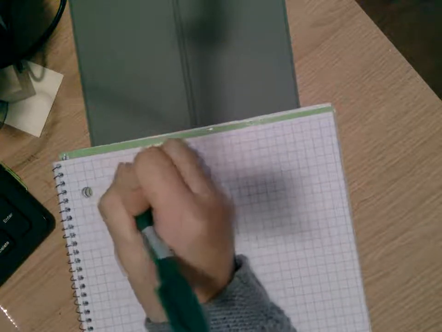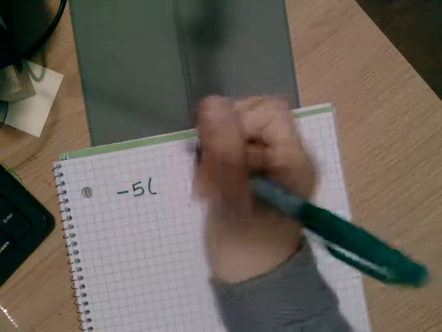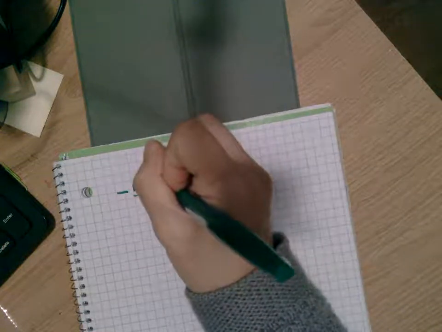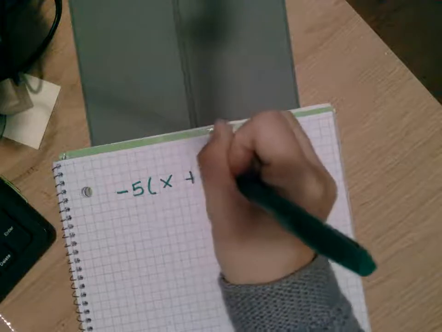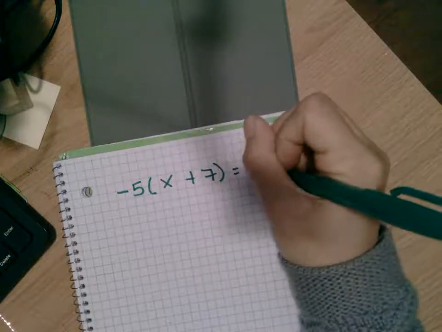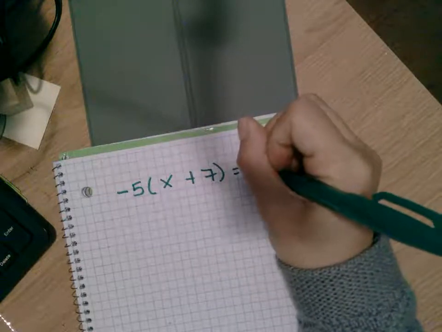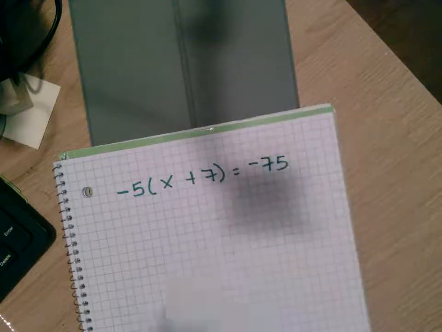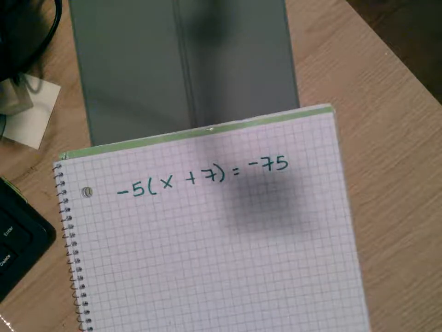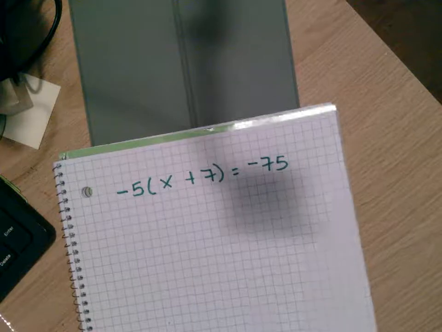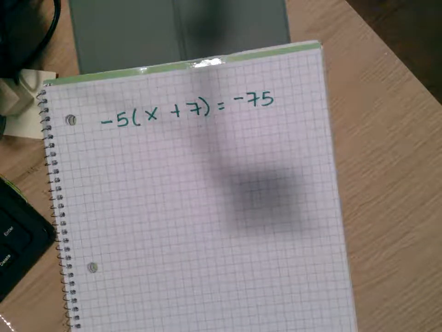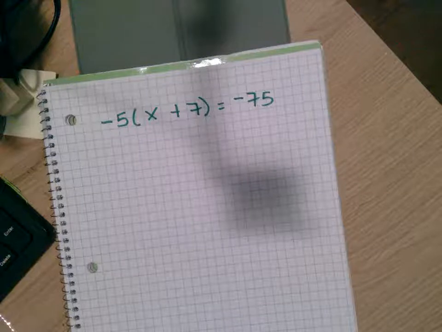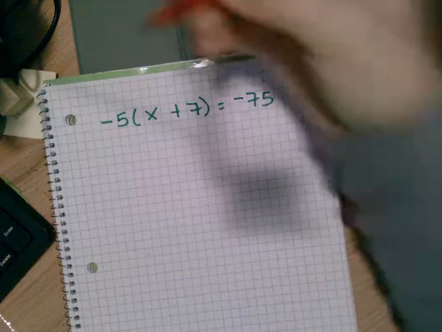Let's do negative 5 parentheses x plus 7 is equal to negative 75. First thing, distribute. It's your first step.